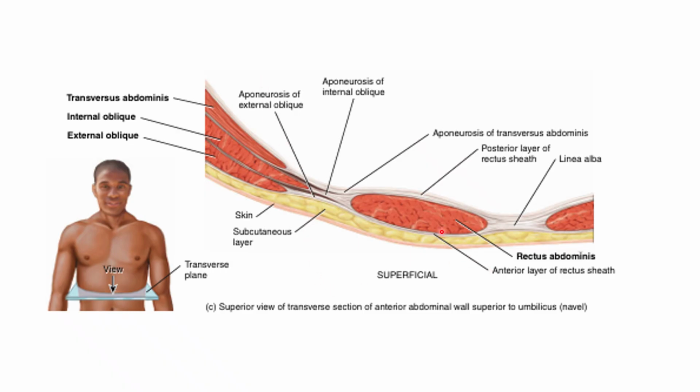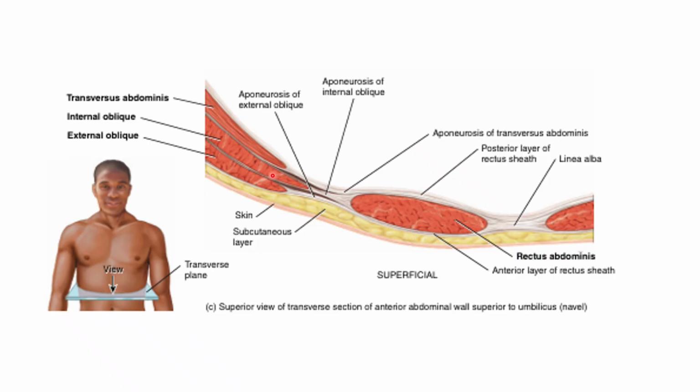So we are going from rectus abdominis to external oblique to internal oblique, and then to transverse abdominis. This one's transverse, this is internal, this one's external, and here are all your rectus abdominis. More or less, rectus abdominis acts as a cushion to the abdomen.